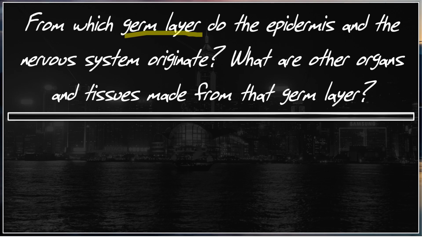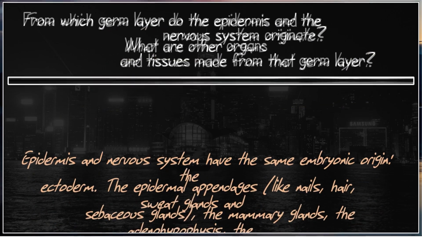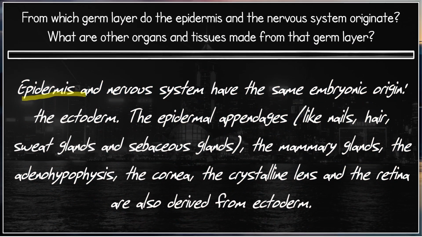From which germ layer do the epidermis and the nervous system originate? What other organs and tissues are made from that germ layer? Epidermis and nervous system have the ectoderm as their embryonic origin.